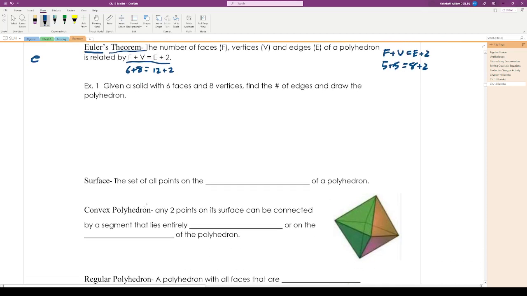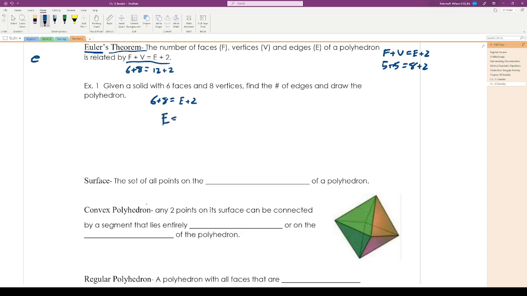If we have a solid with 6 faces, 8 vertices, and we want to find the number of edges, that would be 6 plus 8 equals E plus 2. So we actually just did that one here. 6 plus 8 equaled 12 plus 2 for a cube. So that means this would also be a cube because we have 12 edges.